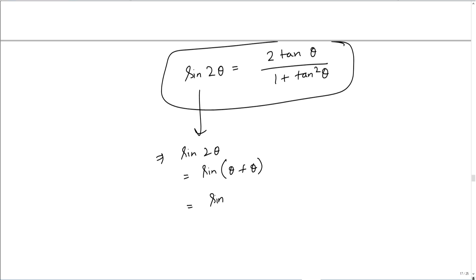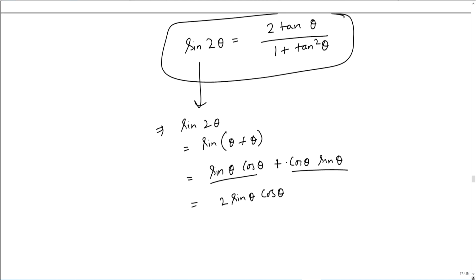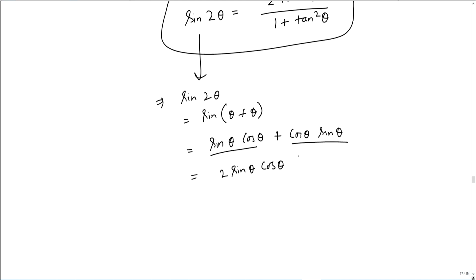So we can write it as sine theta into cos theta plus cos theta into sine theta. Right. Now we are multiplying sine theta cos theta two times here and here. So this becomes 2 sine theta cos theta. Okay. Everything is good so far.